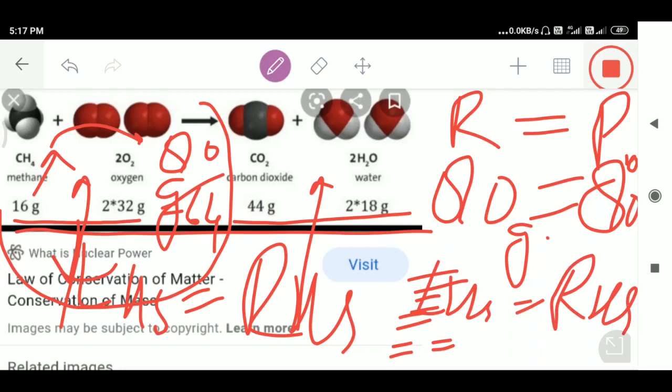According to the law of conservation of mass, mass can neither be created nor destroyed during a chemical combination or a chemical change, but can simply change from one form to another form. This first form is methane plus oxygen.